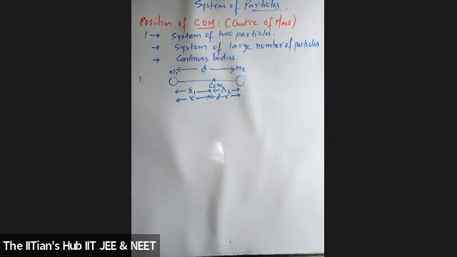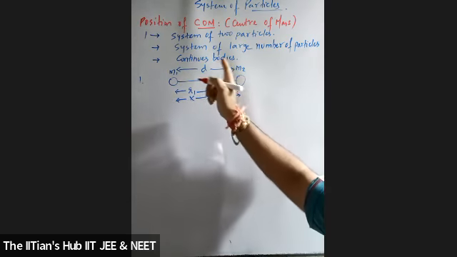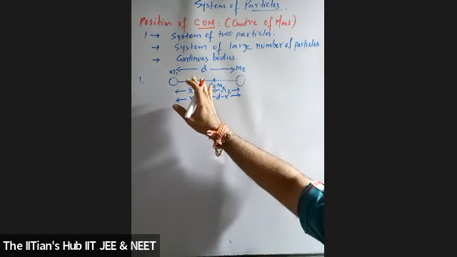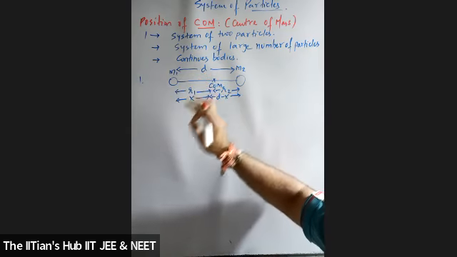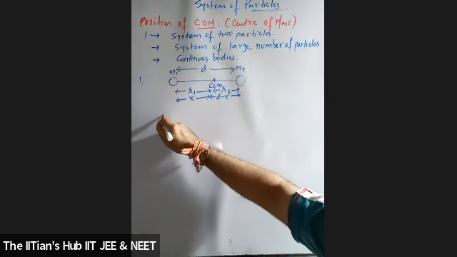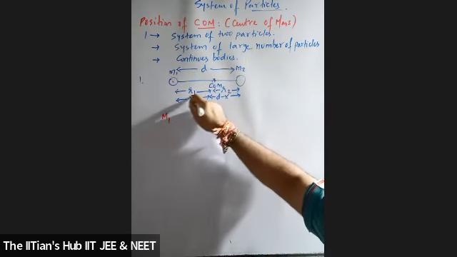Now listen carefully, students. For the center of mass of two particles M1 and M2 separated by a distance D from each other, the distance of the COM from any one of the particles is inversely proportional to the mass of the particle. यानी if I take mass M1, its distance from the center of mass is R1.